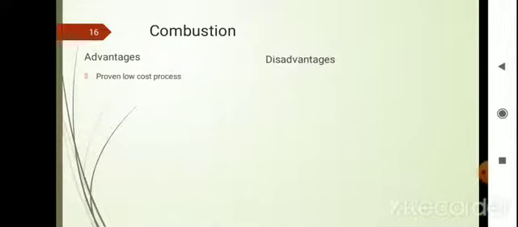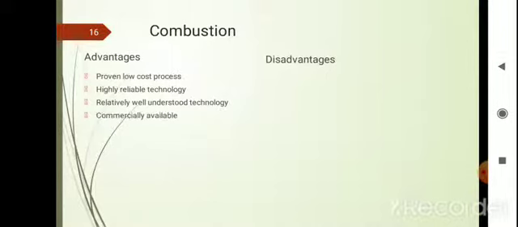The advantage is that it's a low cost process compared to pyrolysis and gasification. Combustion is comparatively low cost, and it is already a reliable technology. The technology is already there and relatively well understood. The combustion characteristics are well understood, and it's commercially available too. We can very easily purchase different types of combustion systems, and it accounts for around 90% of all energy attained from biomass.